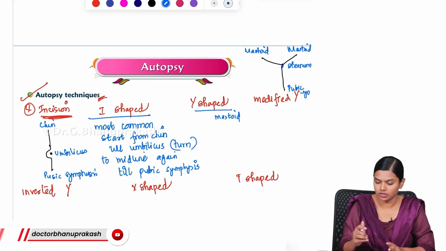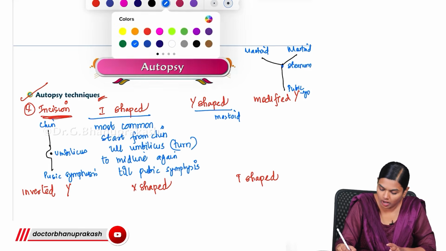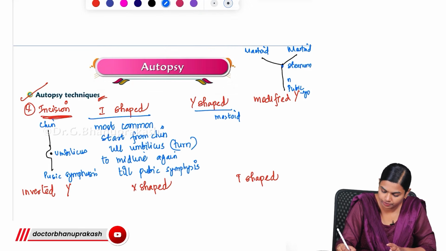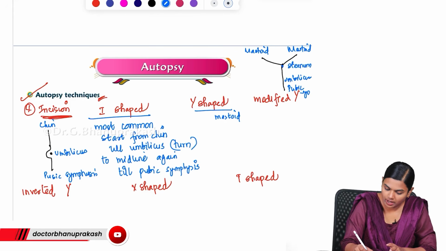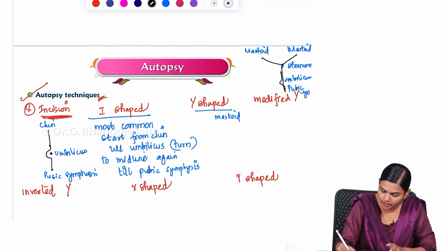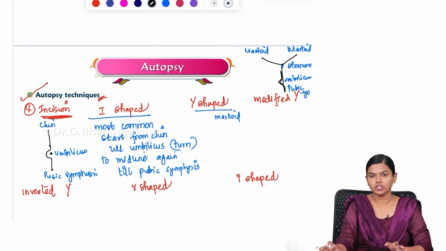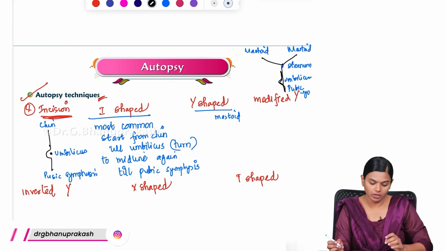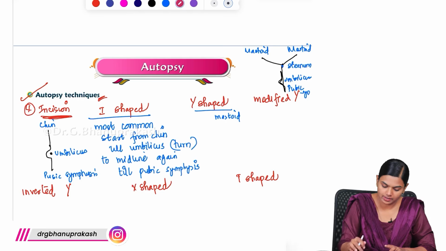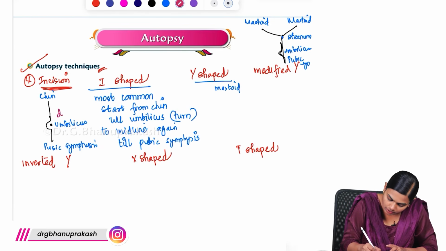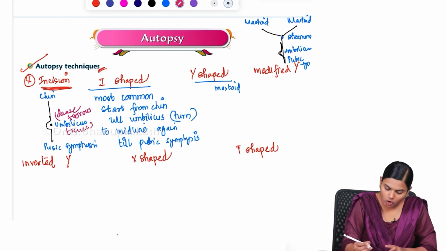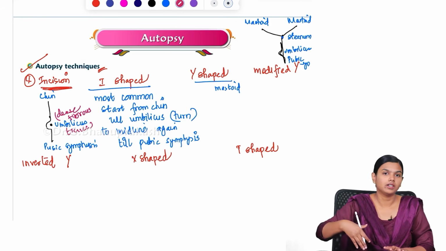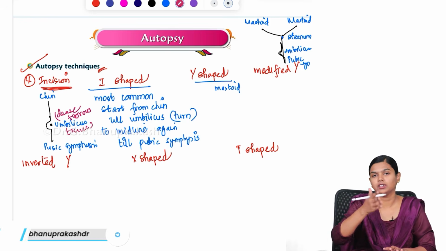In all the incisions there will be a detour around the umbilicus. If the umbilicus is present here, it will take a detour like that. All the incisions will avoid the umbilicus. Why? Because the umbilicus has dense fibrous tissue, so we normally spare the umbilicus and go around it because it will be really hard to cut.